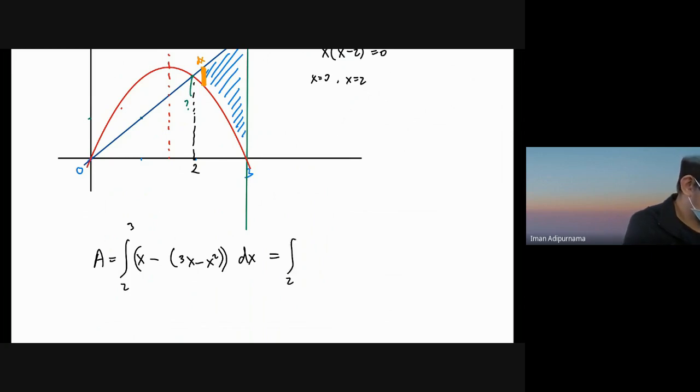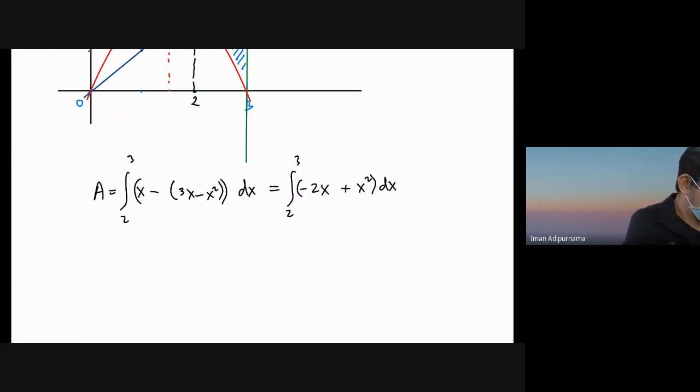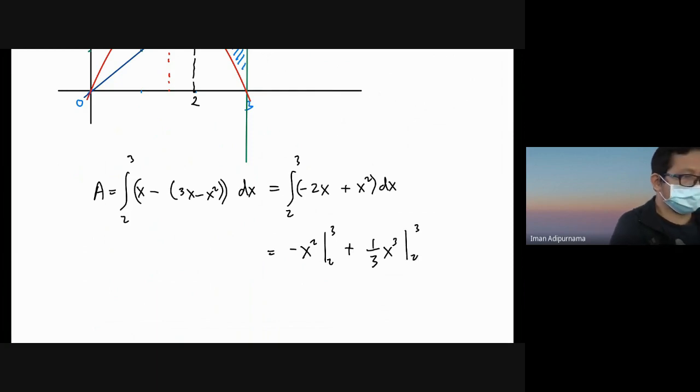So this will be from 2 to 3 of negative 2x plus x squared. And we can solve this, integrate this.